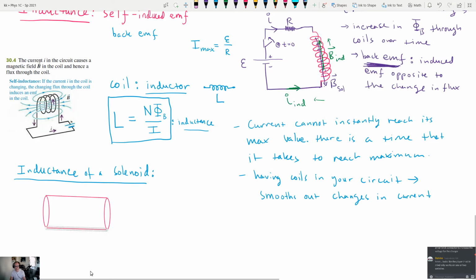Okay, so there is our air core solenoid. We want to erase part of this so that we can have one end be facing us. So we'll erase this piece here, and then just close it like that. Okay, so it has an end cap with an area A.